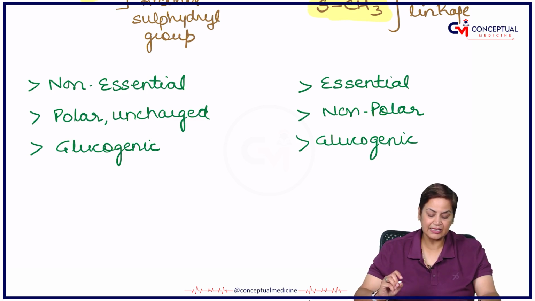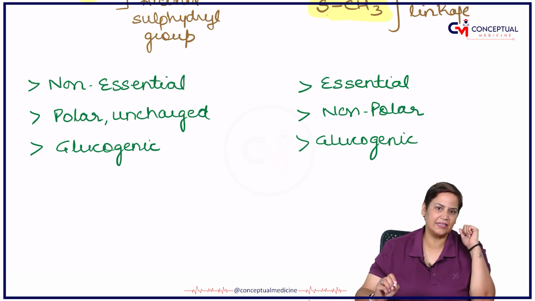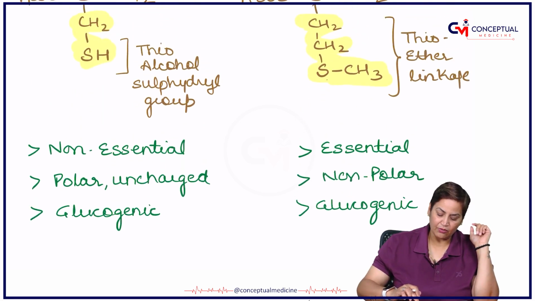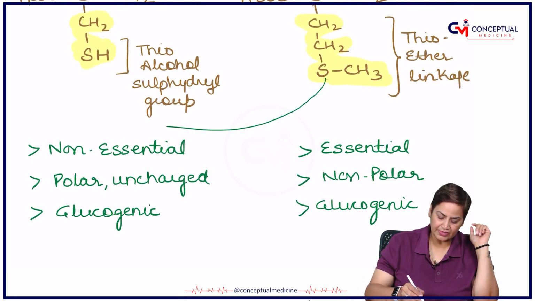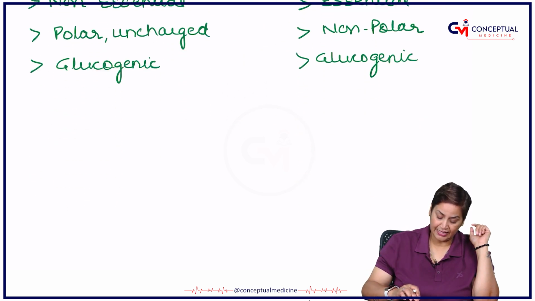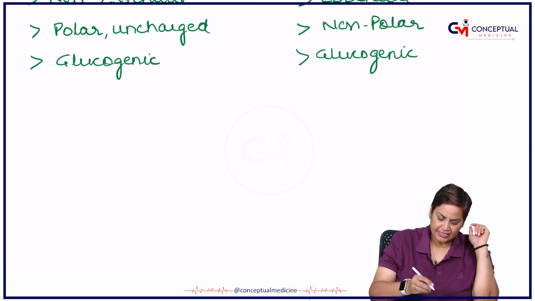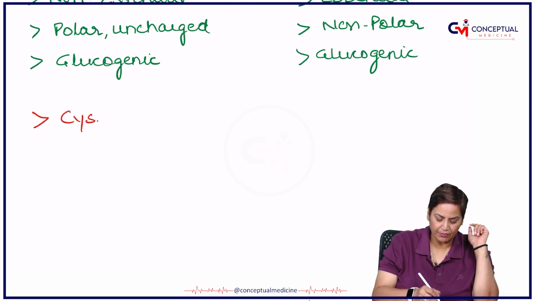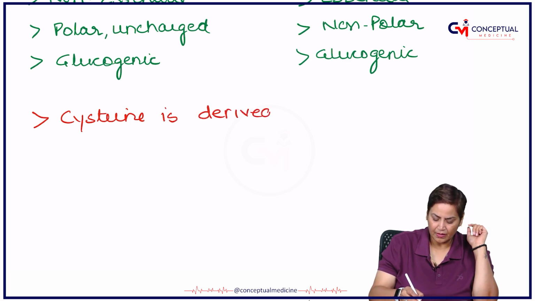Now the question is, if I am saying methionine is an essential amino acid, what role does it have to play? So methionine is required for the synthesis of cysteine, or I can say that cysteine is derived from methionine.